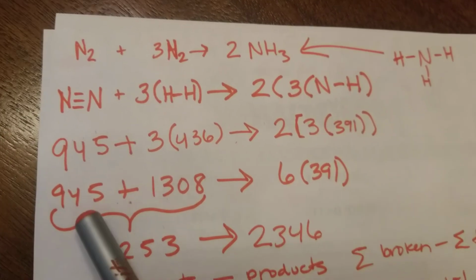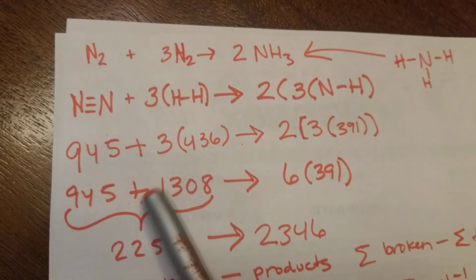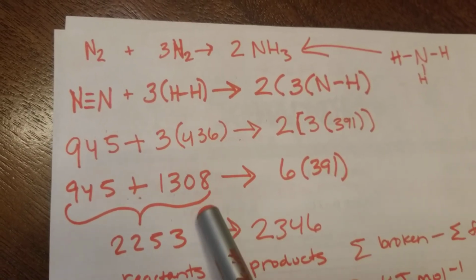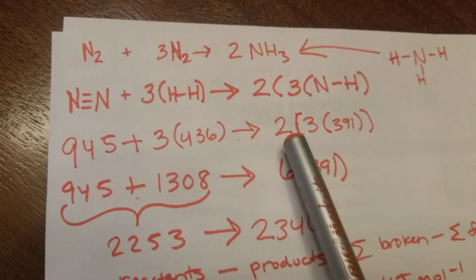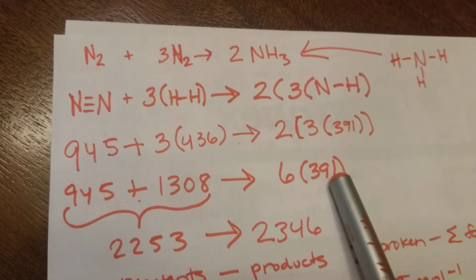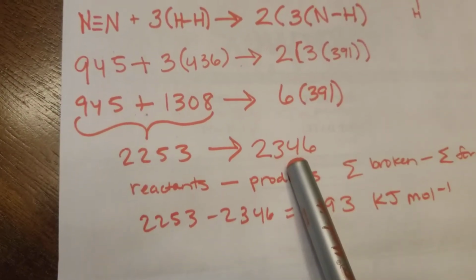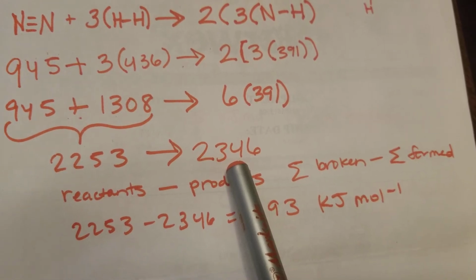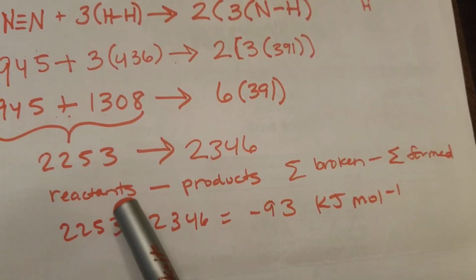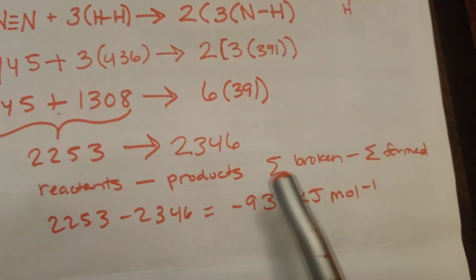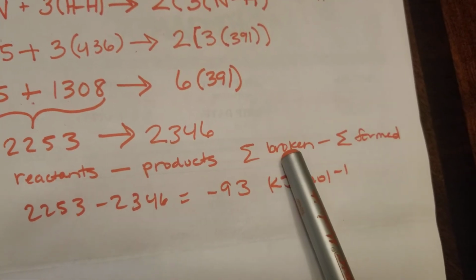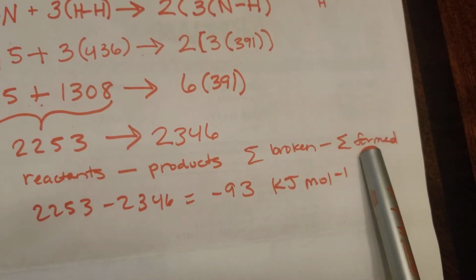So now you're just going to do the math. 945 plus this right here gives you 1308. On the product side, this is 6 times 391, which is going to give you 2346. Finally, this is reactants minus products, right? Because remember, it's the sum of the broken bonds minus the sum of the formed bonds.